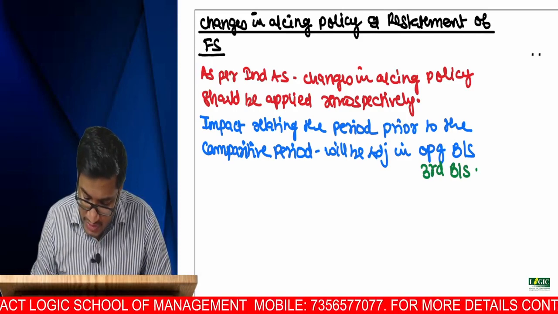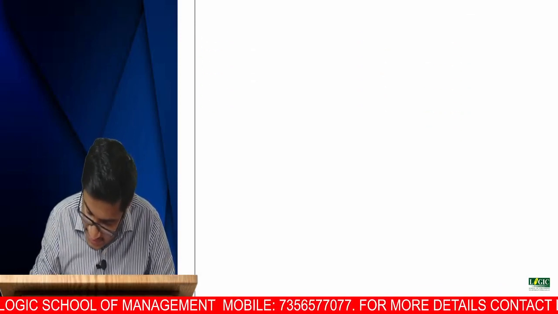So what we are going to do is we are going to take an example for your understanding. The example is wrong because as per Ind AS, a change in method of depreciation is not a change in accounting policy.